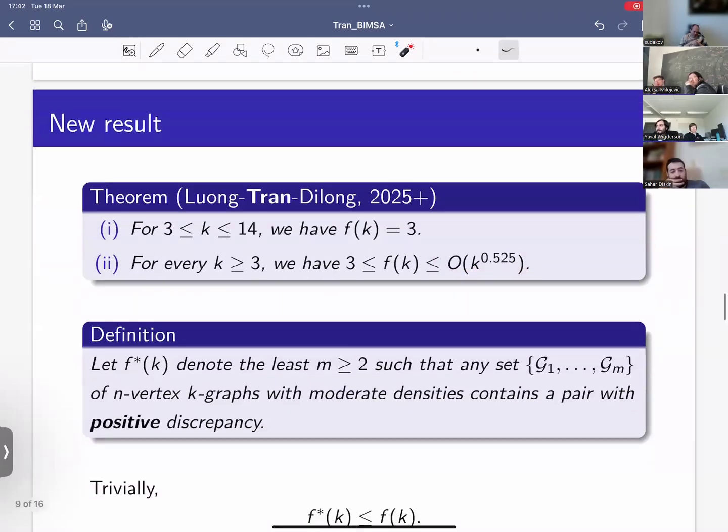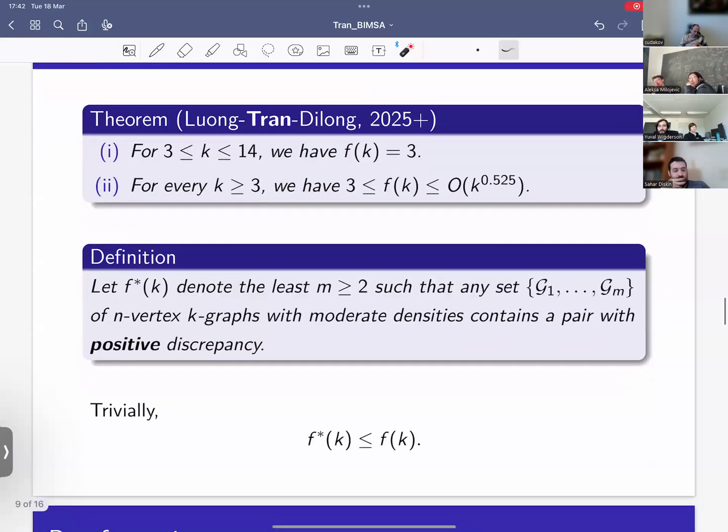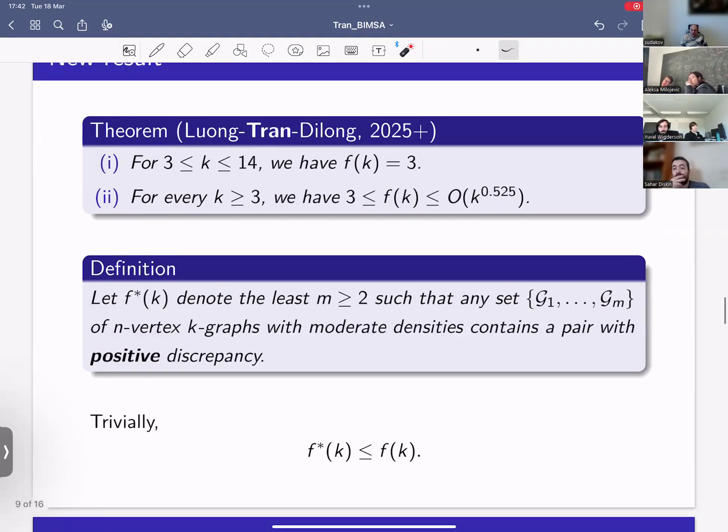And actually, assuming some very difficult number theoretic conjecture, our proof gives an upper bound of polylog k. Only log? Assuming some number theoretic conjecture, our proof gives an upper bound of polylog.